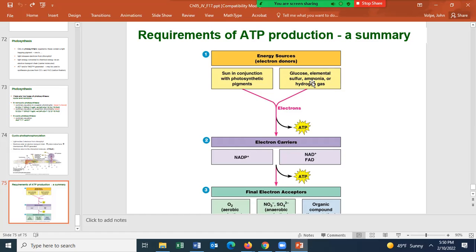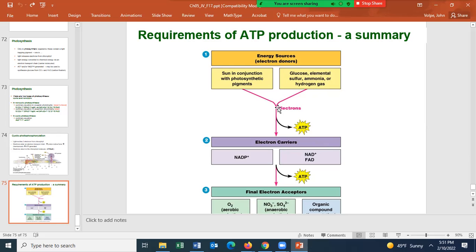In chemosynthetic bacteria, it can be another chemical like sulfur or ammonia. In photosynthetic organisms, the electrons start moving from light hitting the chloroplast. So the point is the electron donor can vary.